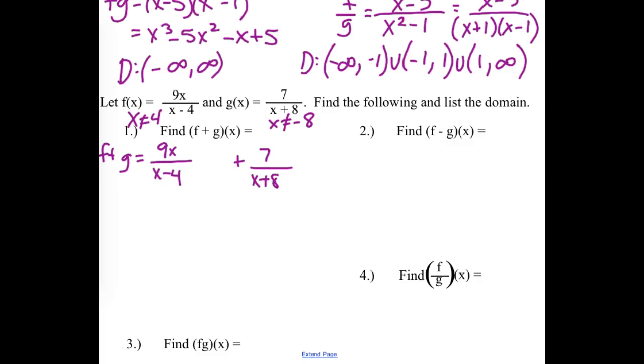So we have to get common denominators to simplify this. So what am I going to have to multiply to the first fraction here? Okay, I need an x plus 8 on that one. And then on the second one, I need to multiply by x minus 4.